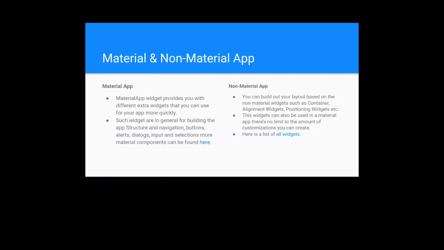So everything below that will have access to material app widgets, because they are widgets that cannot be used inside a material app unless you have a material app widget as an ancestor.